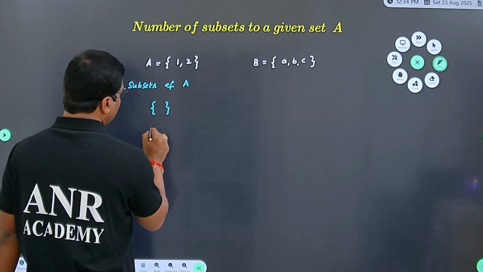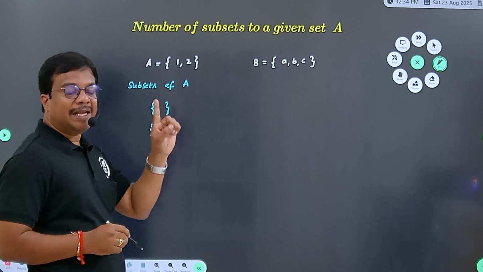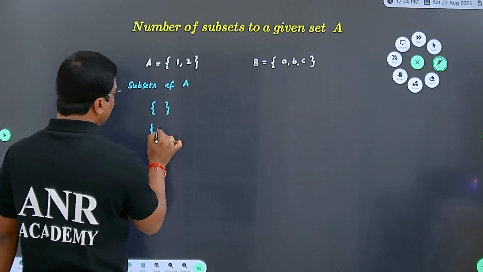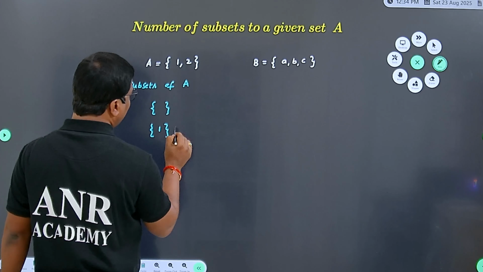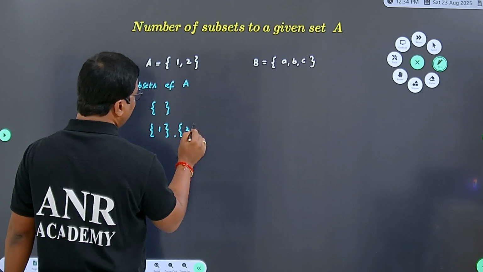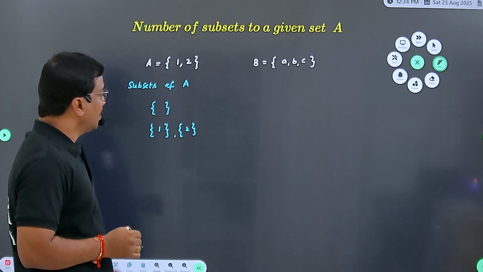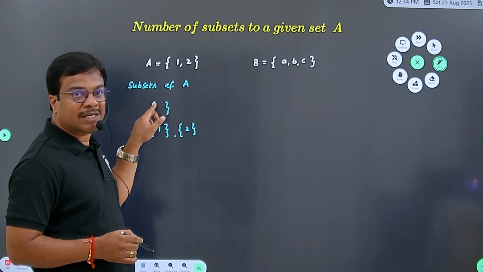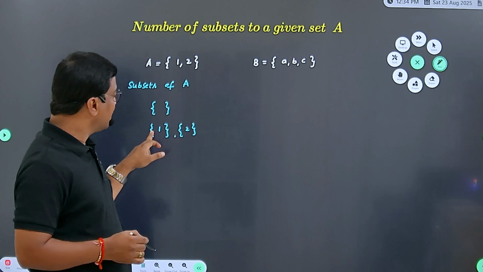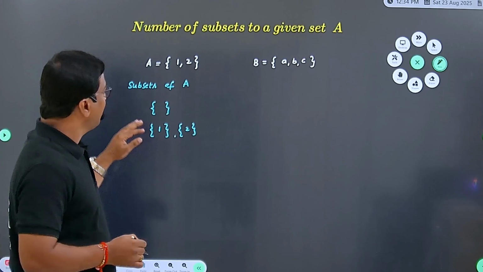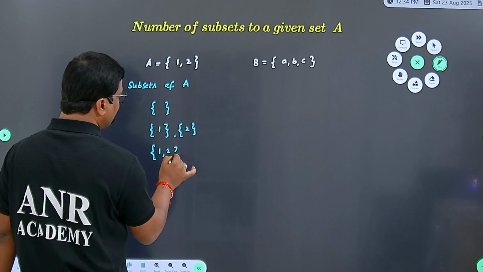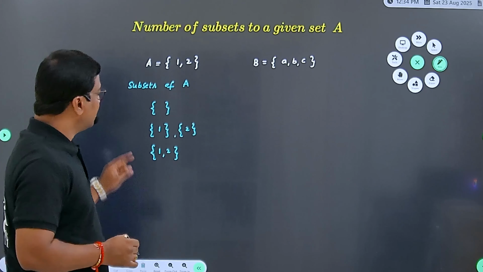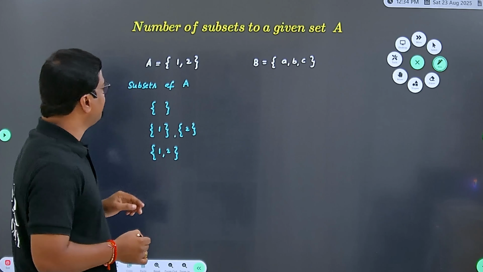Next, the sets containing only one element: we can write the set containing element 1 and the set containing element 2. Next, the set containing two elements, there is only one chance, that is the set {1, 2}.